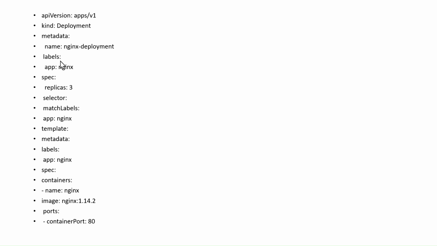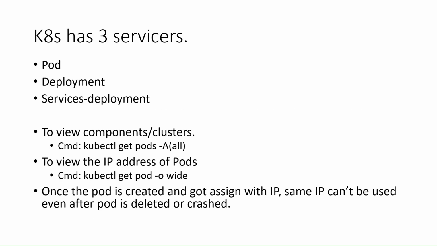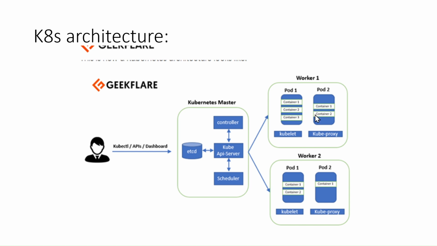And the labels. The labels can be used for future references. So look here. Initially I just created a pod with a container, right? Now I want to have multiple containers inside this pod.